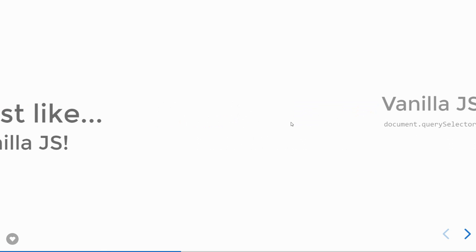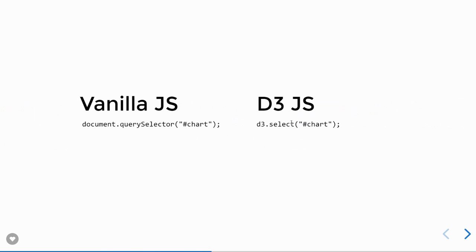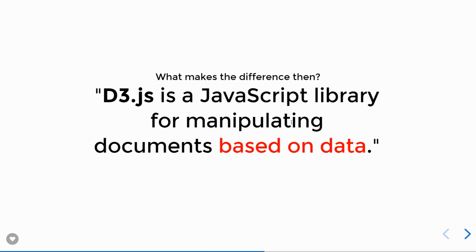So if you are very familiar with jQuery or vanilla JavaScript, then going to D3JS wouldn't be very hard, because a lot of concepts are borrowed from these two. And what makes a difference? If D3JS is just like vanilla JavaScript or jQuery, then why do we need it?